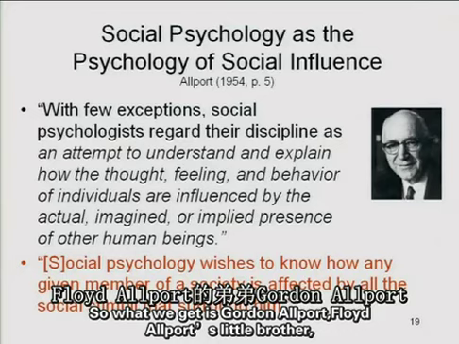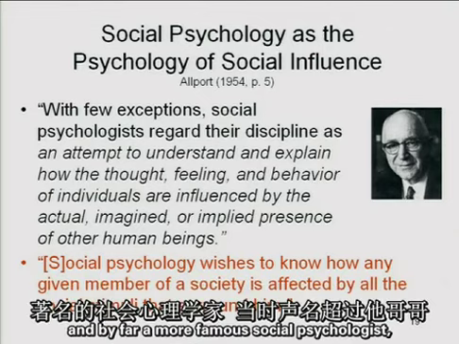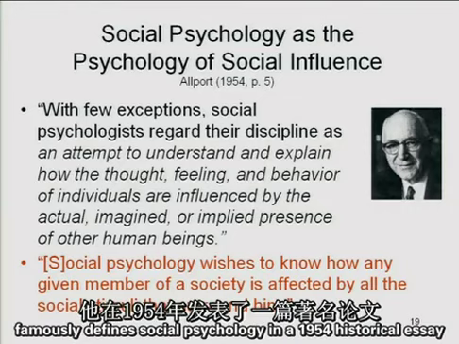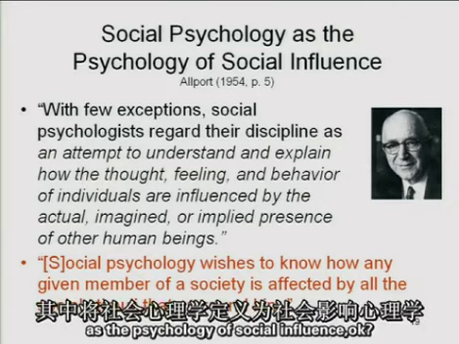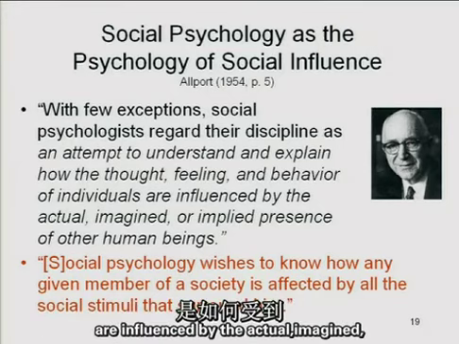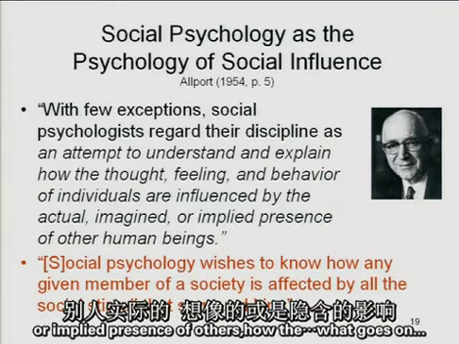So what we get is Gordon Allport, Floyd Allport's little brother, and by far a more famous social psychologist, actually a personality psychologist, who famously defined social psychology in a 1954 historical essay as the psychology of social influence. How the thought, feeling, and behavior of individuals are influenced by the actual, imagined, or implied presence of others.